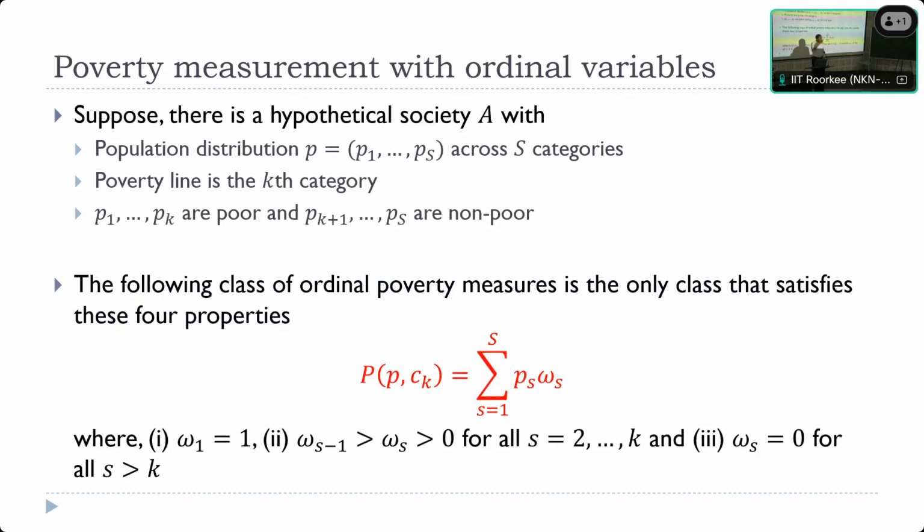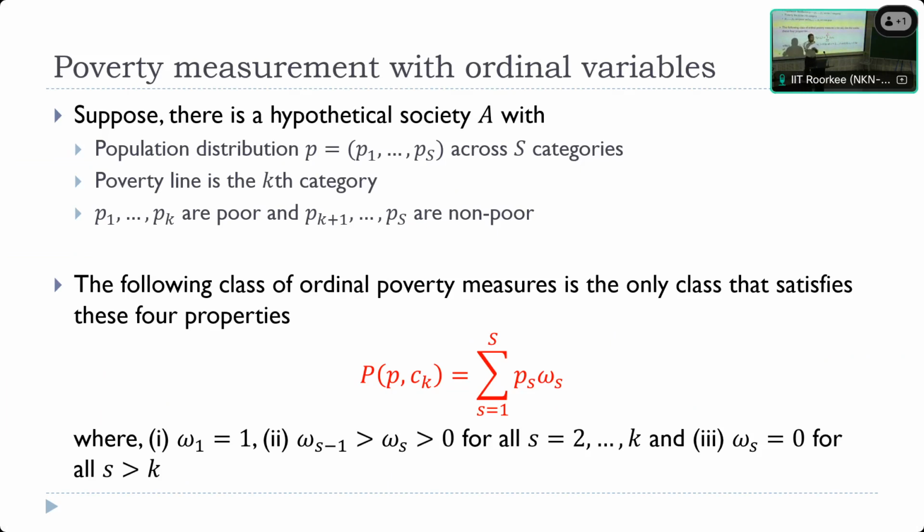So for this open defecation example, you have 5 categories, and I could say only the improved category is non-poor. The rest of them reflect some level of deprivation, and I know the order. So my K here will be the second category, reflecting deprivation. And so P1 to PK, they are poor, and PK to PS, they are non-poor.